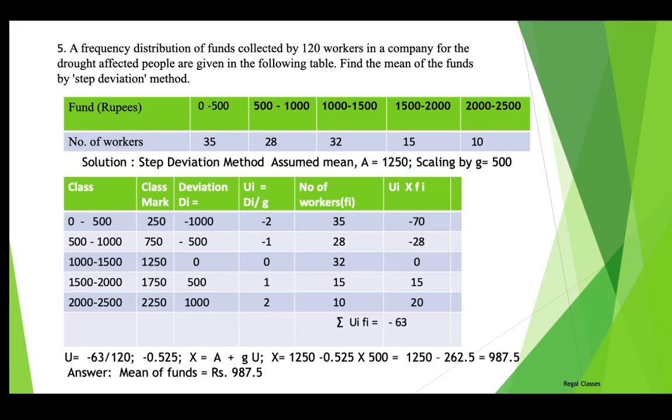Fi is given here, and multiply Ui with Fi, calculate the sum of Ui Fi, and then calculate U bar, and you get the mean. It should be u bar, and here also it should be u bar. This is x bar. X bar is the mean.